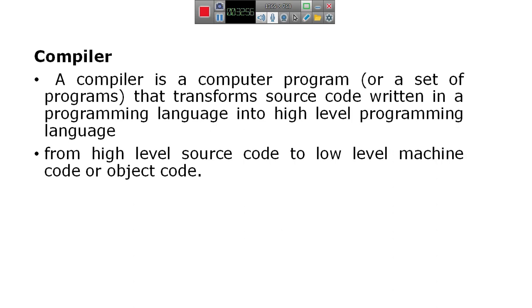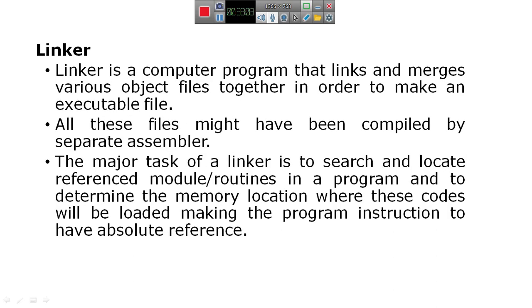So this is the advantage of the compiler over the interpreter.